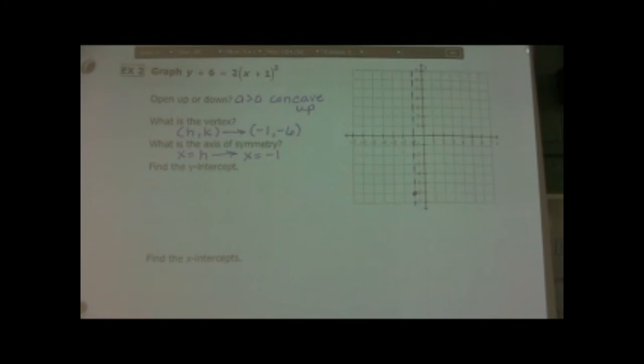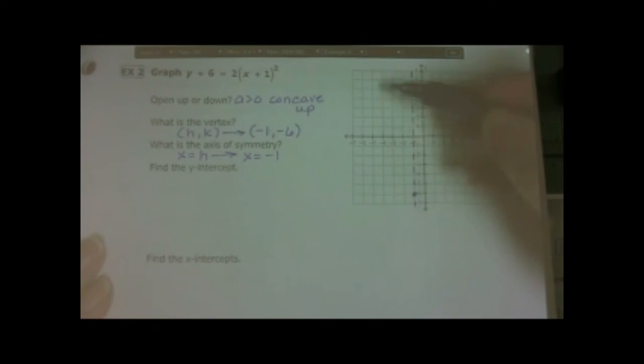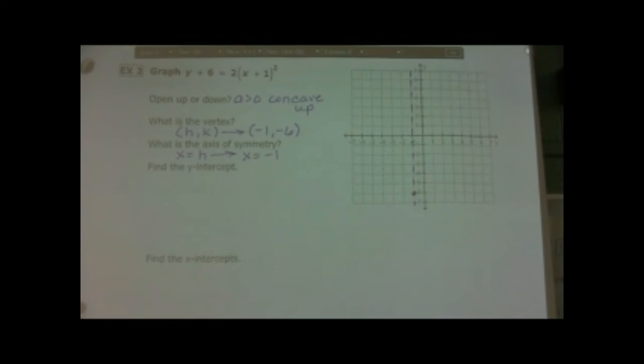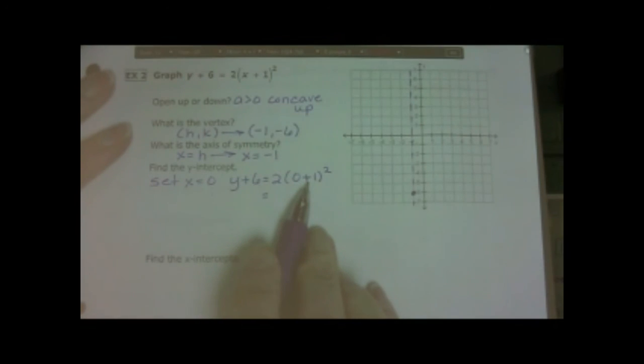All right, now, I know that this is going to be opening up, so it's going to have two x-intercepts and one y-intercept. So first of all, to find the y-intercept, set x equal to 0. So I've got y plus 6 equals 2 times (0 plus 1) quantity squared. 0 plus 1 is 1.